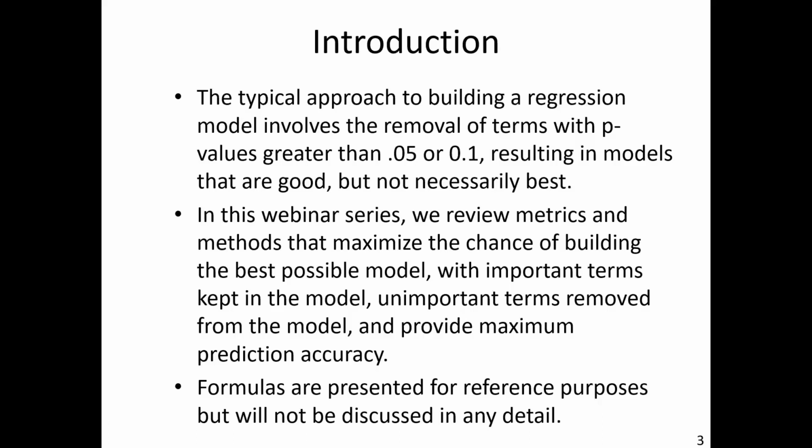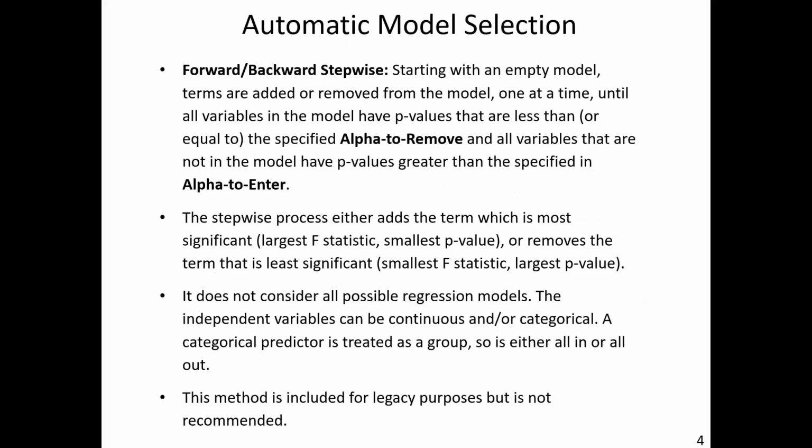In this webinar series, we review metrics and methods that maximize the chance of building the best possible model, with important terms kept in the model, unimportant terms removed from the model, and provide maximum prediction accuracy. All right, so that's the goal, basically to build better models in multiple regression. And any formulas that are presented will not be discussed in any detail.